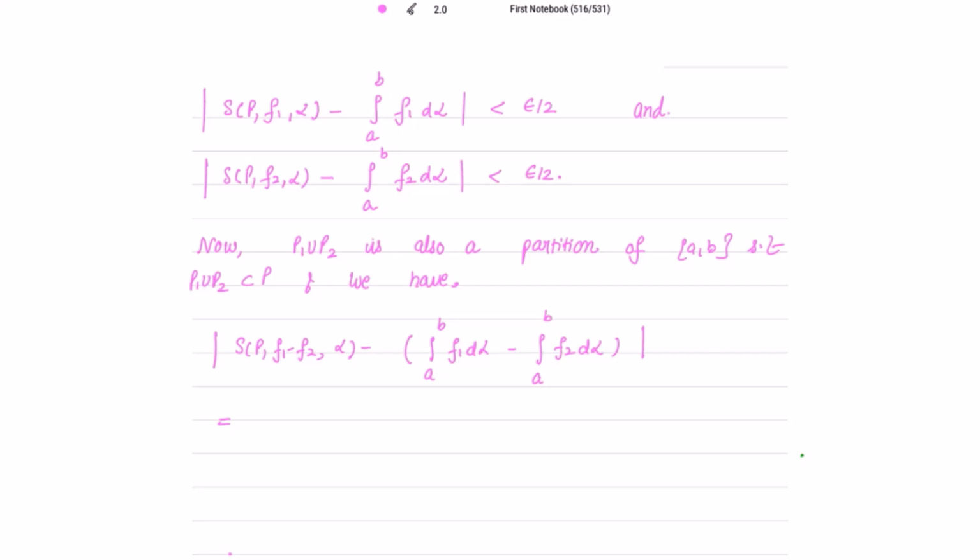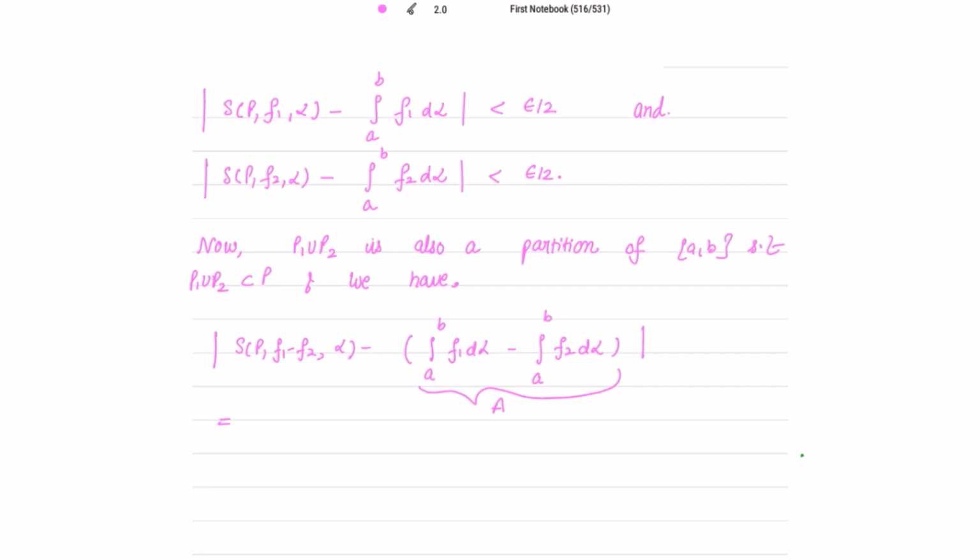And we have S(P, f1 minus f2, α) minus the integral from a to b of f1 dα minus the integral from a to b of f2 dα. Remember, what is required to prove in the theorem, take that as your A. S(P, f1 minus f2, α) minus this whole A, which you need to prove. Just take that A over here. You have to take the difference with that A and take the modulus.